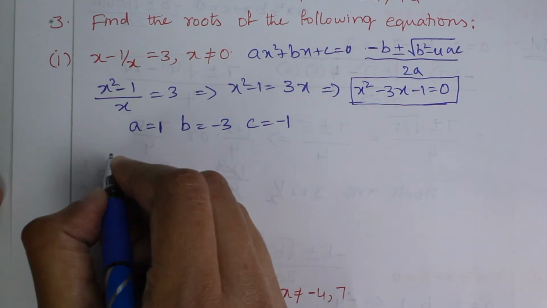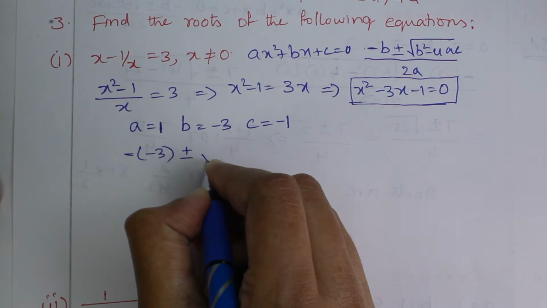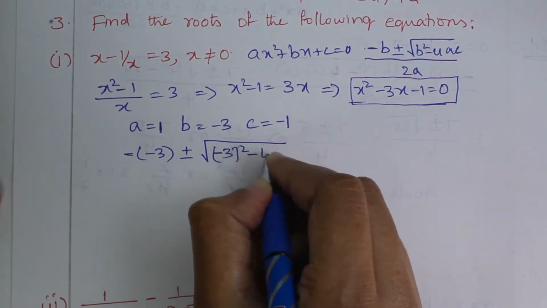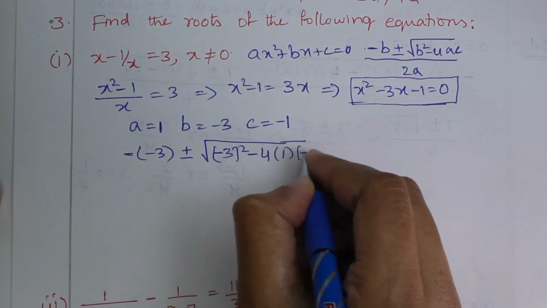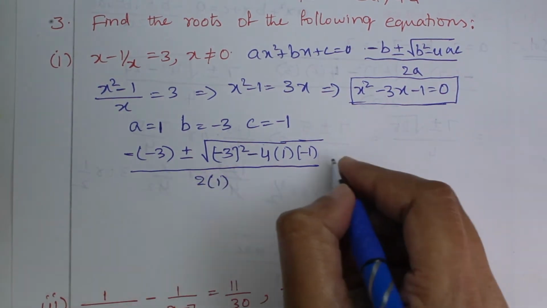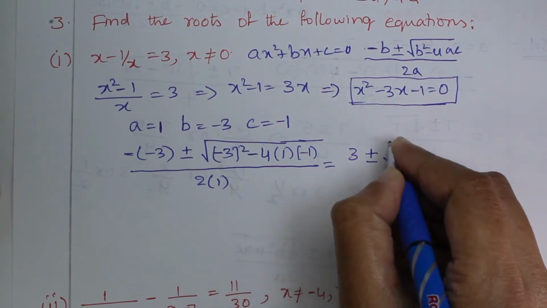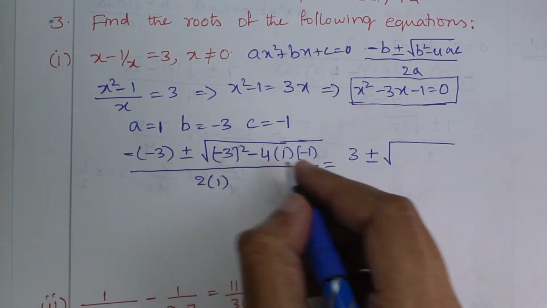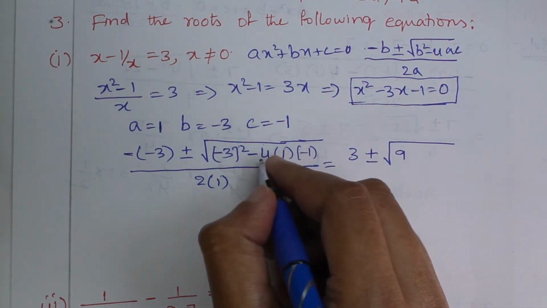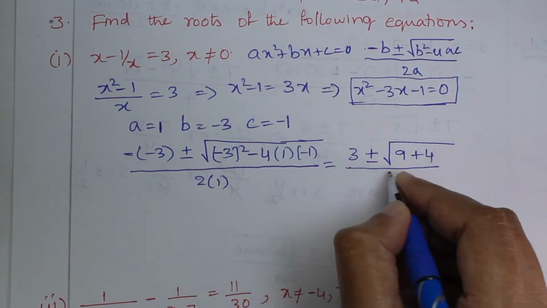Minus of minus 3 plus or minus square root of b square, minus 3 square, minus 4 into a is 1, c is minus 1, divided by 2 into a is 1. That is equal to minus of minus 3 becomes 3 plus or minus square root of minus 3 square is 9, minus 1 into minus 4 is plus 4, divided by 2.